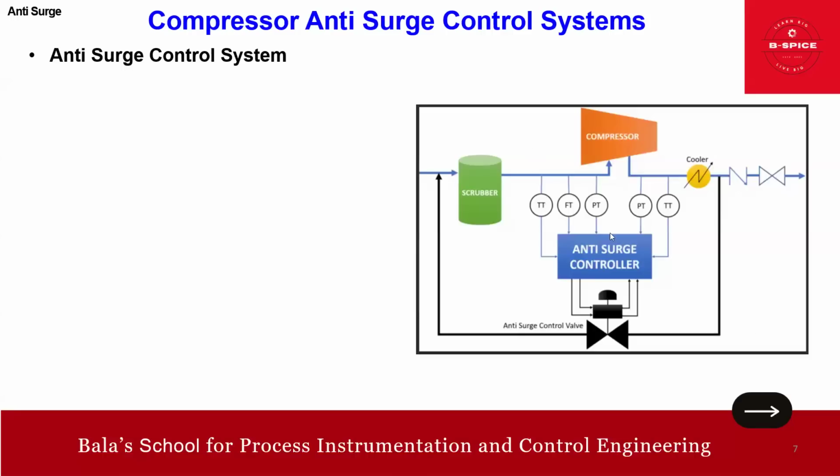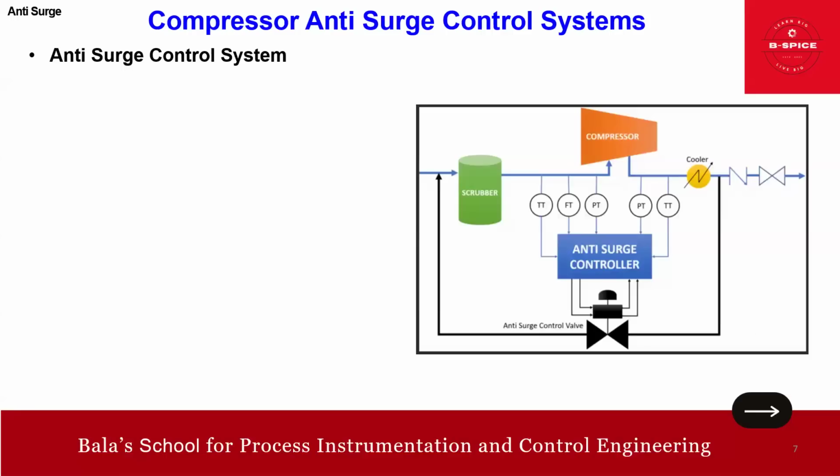So what is the control mechanism? When the system detects that the operating point is approaching the surge line, it activates the anti-surge valve. This anti-surge valve opens to recycle a portion of the discharge flow back to the compressor suction, thereby reducing the pressure buildup and maintaining the required flow through the compressor.